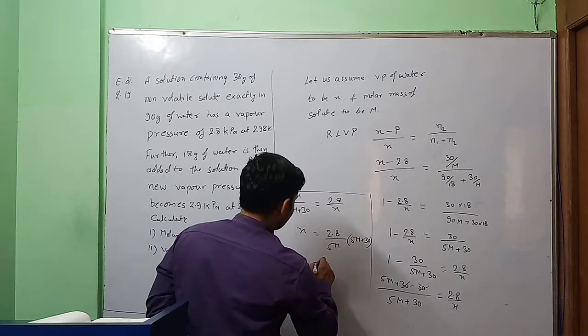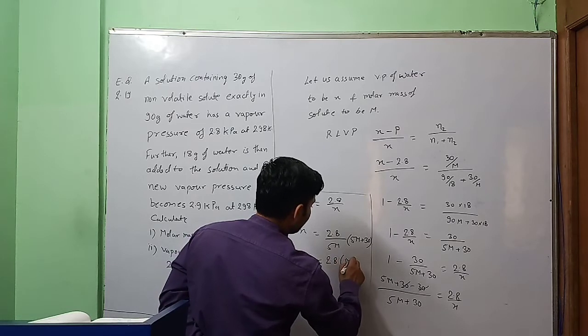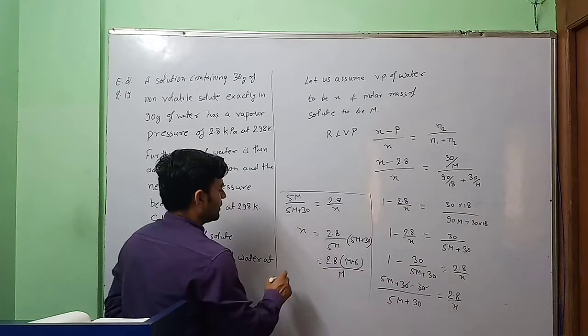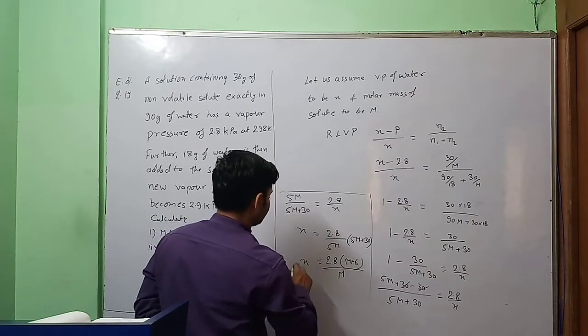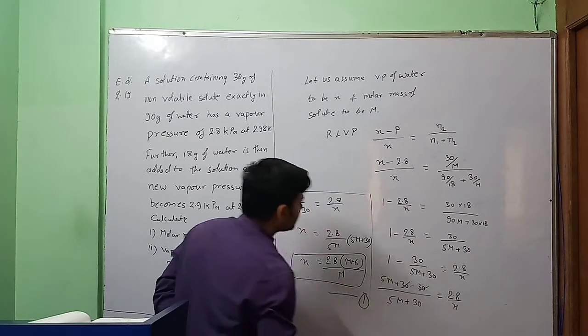If we take 5 as common, we will get X equals 2.8 into M plus 6 upon M. This we can write as equation number 1.